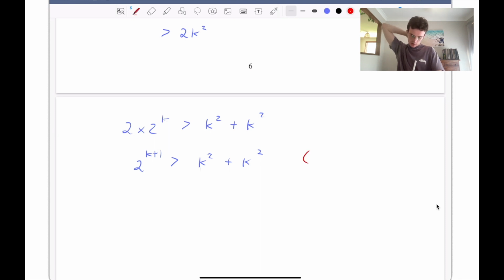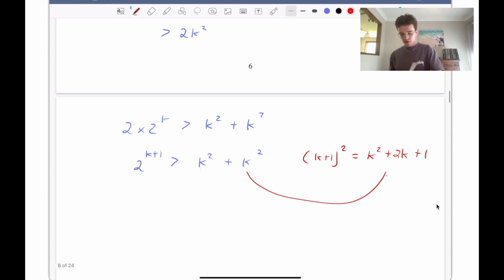We know that (k plus 1) squared is k squared plus 2k plus 1. So ideally, we want to kill one of these k squareds and replace it with k squared plus 2k plus 1. But how can I do that? What can I do to replace k squared with 2k plus 1?